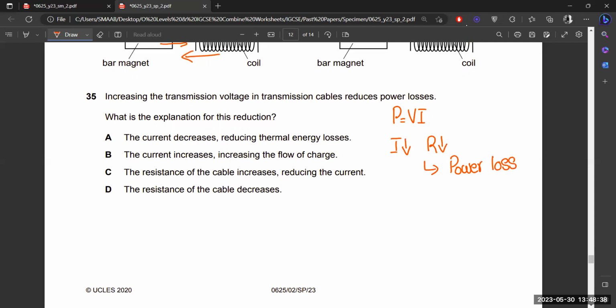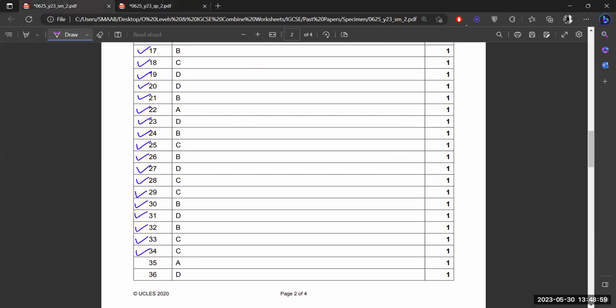That is the concept we already studied in theory related to long transmission in cables with high voltage. According to that, the current decreases, reducing thermal energy loss. So option A. In the marking scheme, that is A.